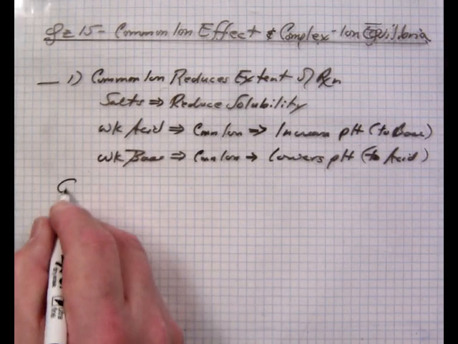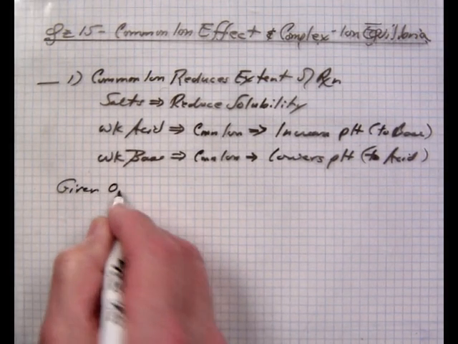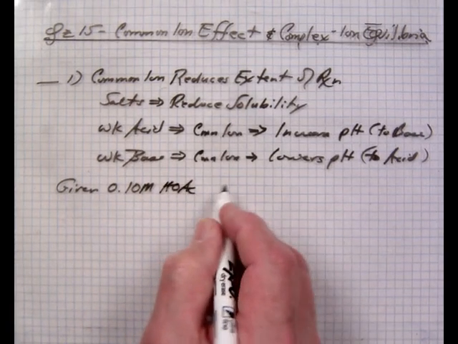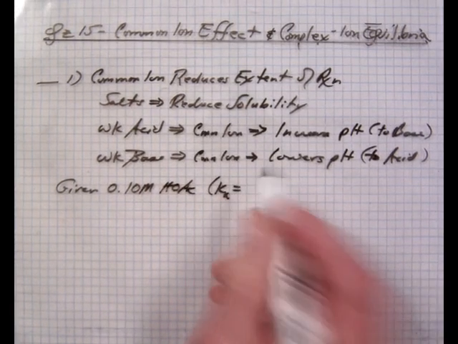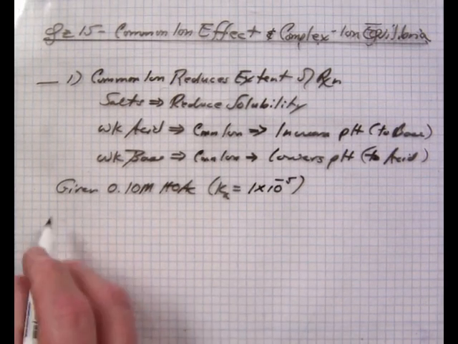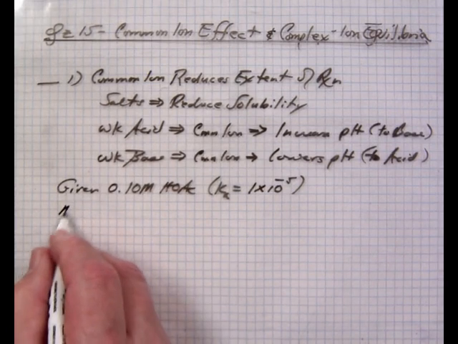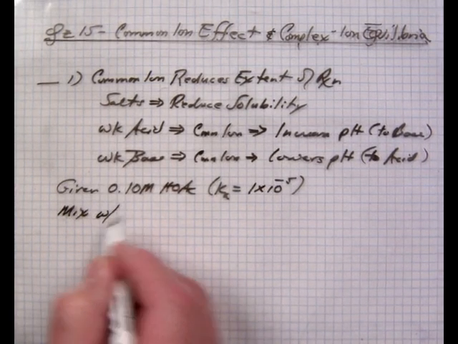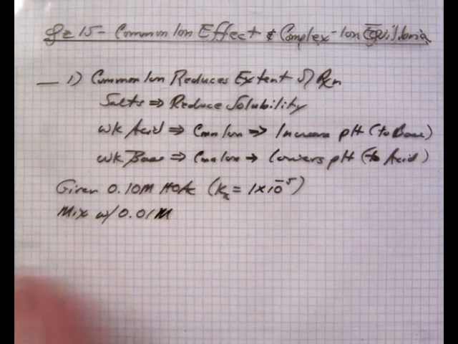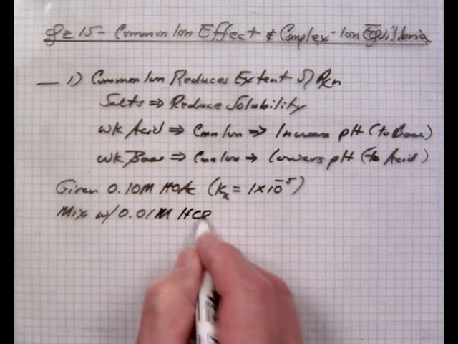Say you're given a 0.10 molar acetic acid, and its Ka is, I'll make it easy, 1 times 10 to the minus 5 right now. And you mix it with a 0.01 molar, say, HCl.